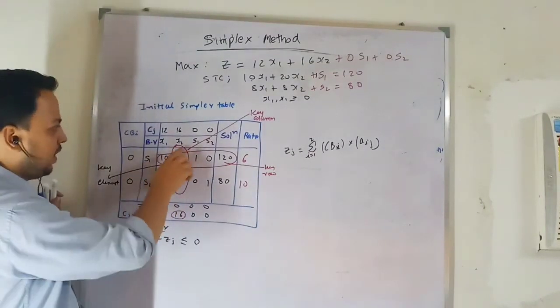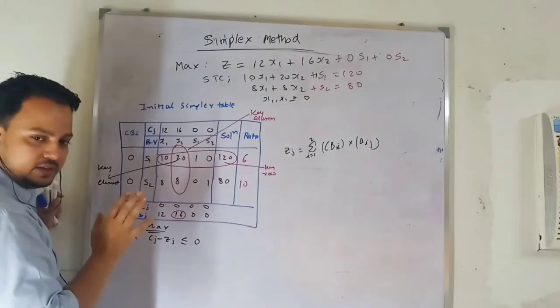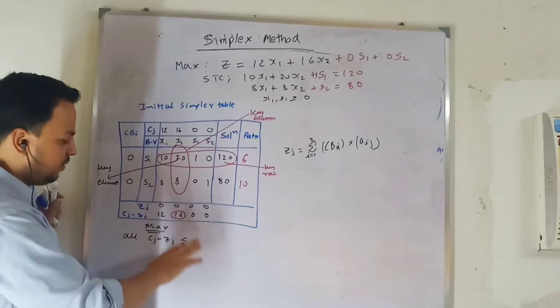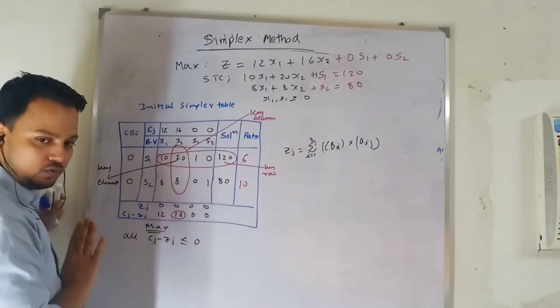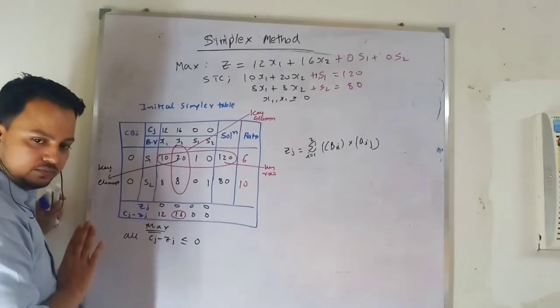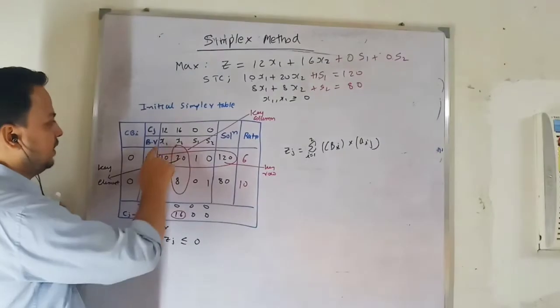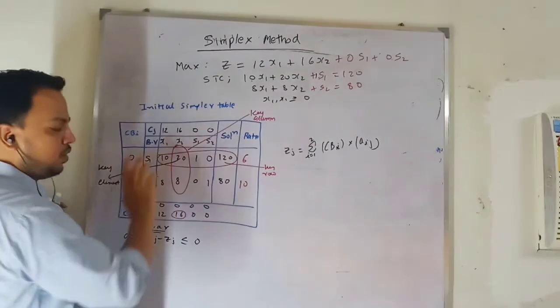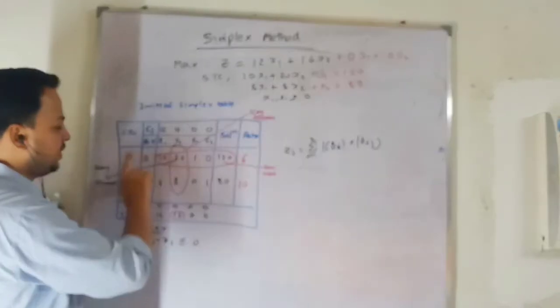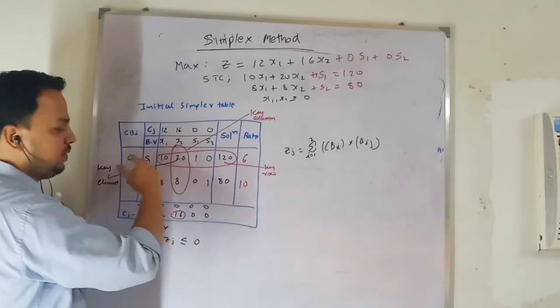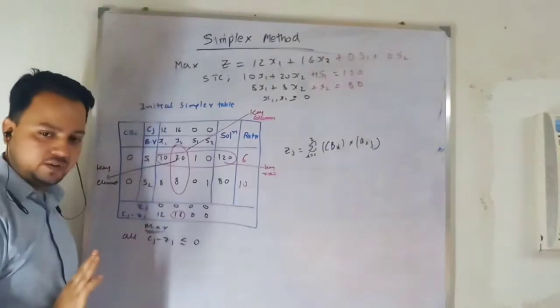I want to see how much x2 needs to be changed in order to maximize my objective function, and whether we are able to maximize it or not. Clear? The column variable will be your entering variable, and the row variable s1 will be your leaving variable in the iterative table.